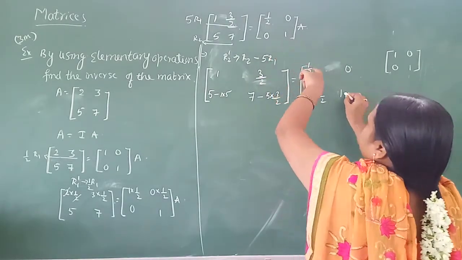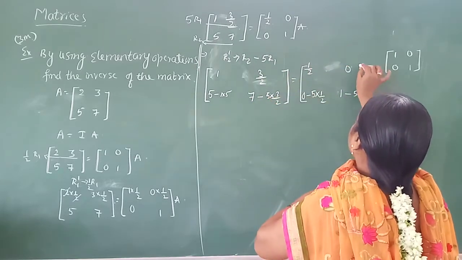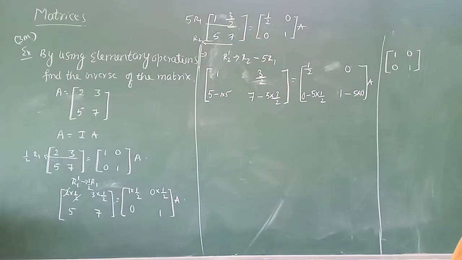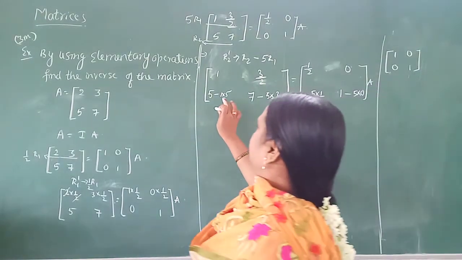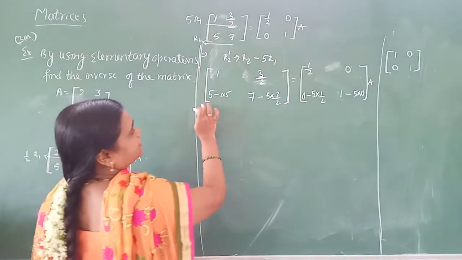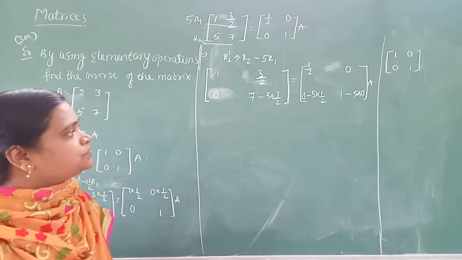Next, 1 as it is, minus 5 into 0. 1 into 5 gives 5, and 5 minus 5 is 0.